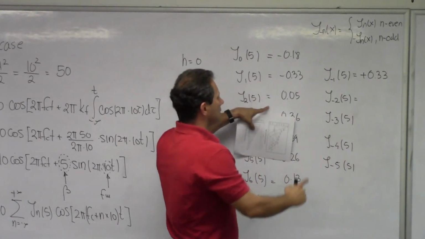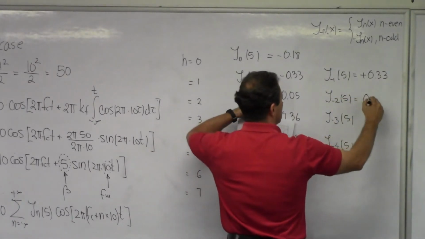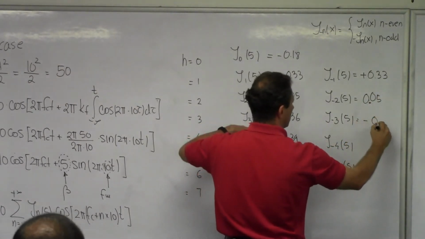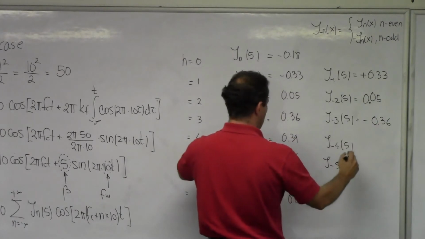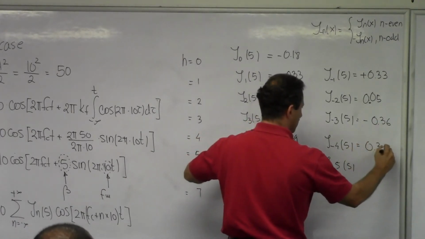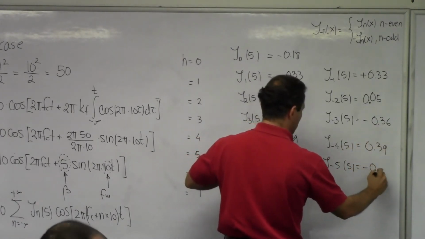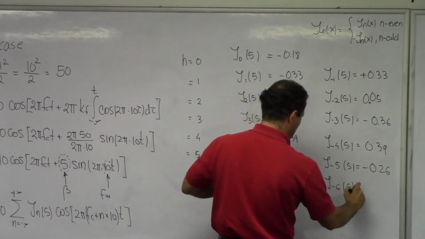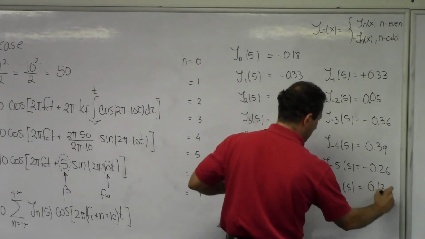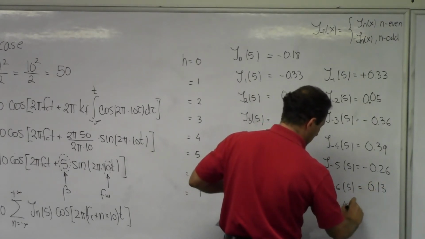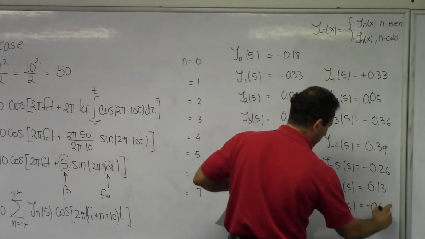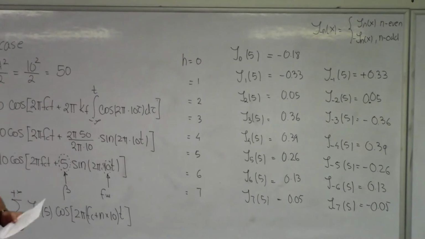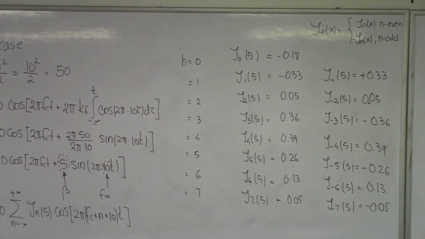This one is even, so J minus 2 is the same as 0.05. Here it's minus 0.36. Here it's the same, 0.39. Here it's minus 0.26. J minus 6 of 5 is equal to 0.13. And J minus 7 of 5 is minus 0.05. Okay? So these are the magnitudes of those sinusoidal components.